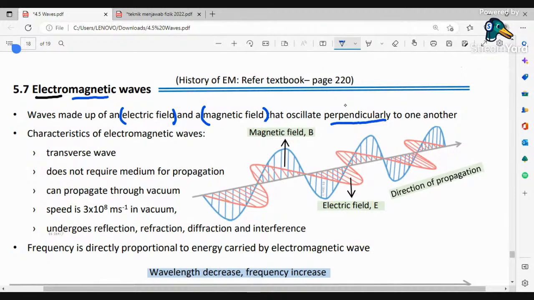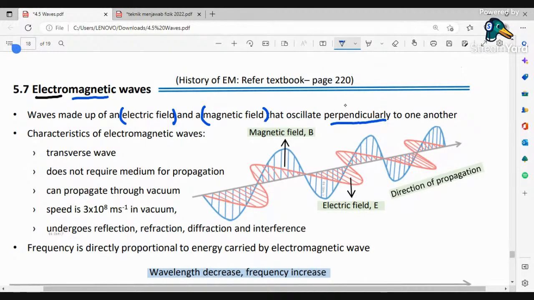So when the electromagnetic wave propagates, these two fields will vibrate, so they represent the molecules of the medium. That's the reason why light wave or electromagnetic wave can travel in vacuum, because it has its own magnetic field and electric field that are able to vibrate.